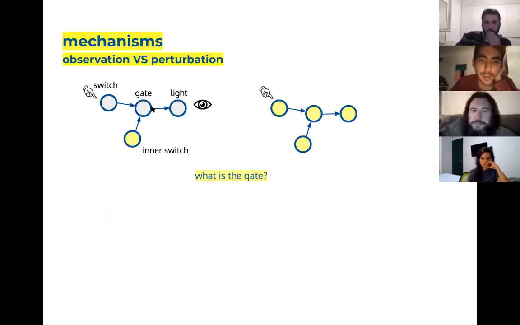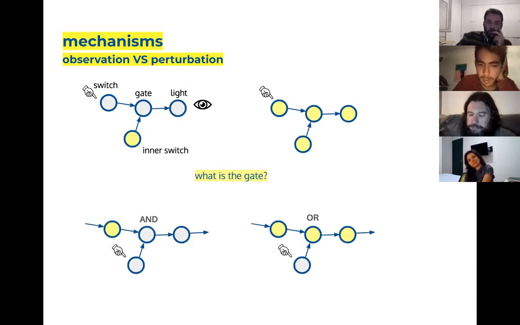You have some sort of gate, and you're able to observe the light going up and down, and then you ask what this gate is. Just from observing this, you could say it's just transmitting the signal from the switch. But you wouldn't know if it's an AND gate or an OR gate.